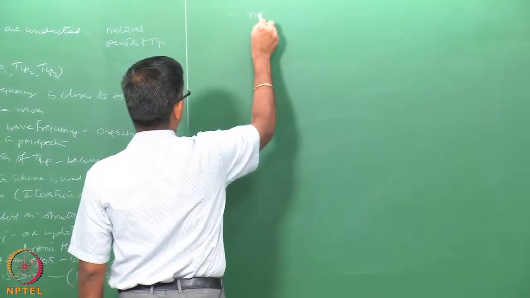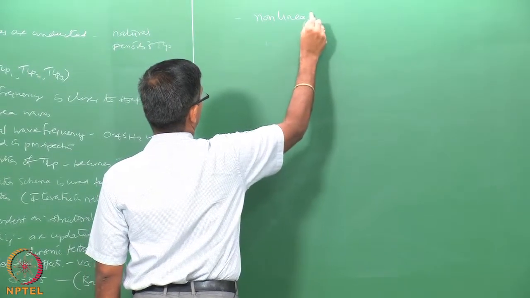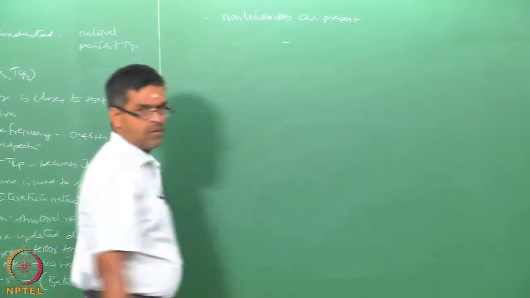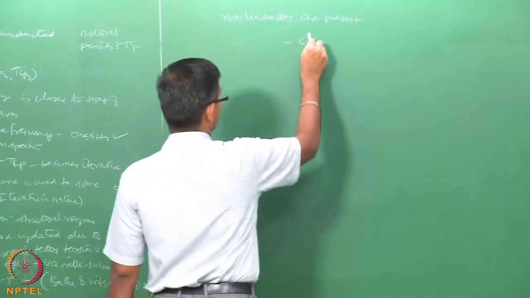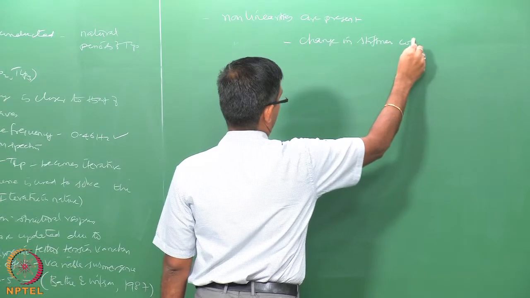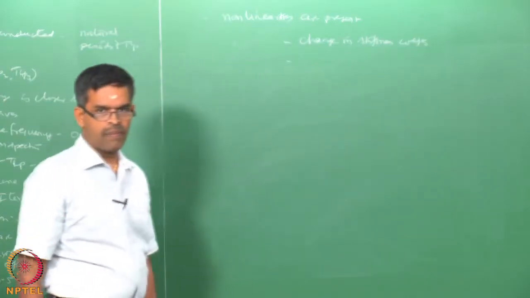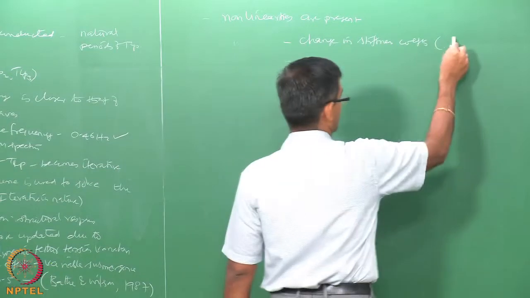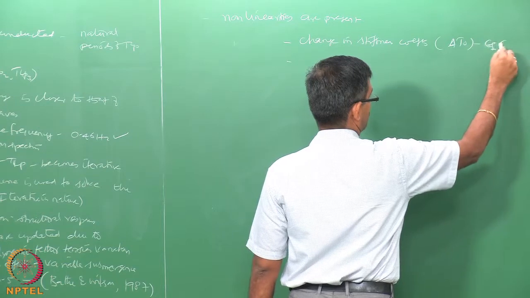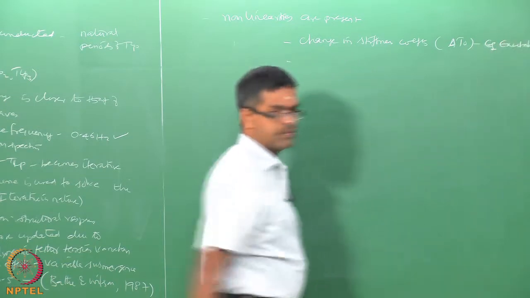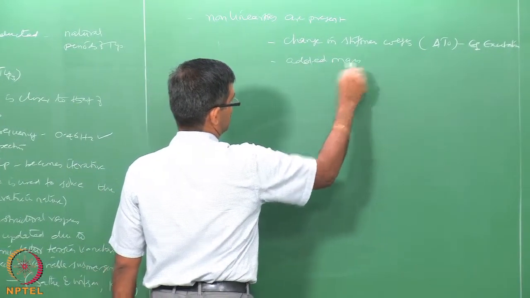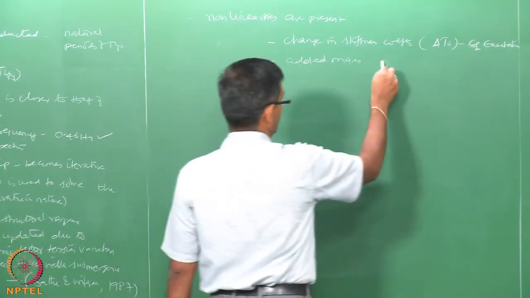So, various non-linearities are present in the system. One, it can arise from change in stiffness coefficients, which is caused because of delta T, which is essentially caused due to earthquake excitation. The second could be the added mass term, which is due to variable submergence effect.